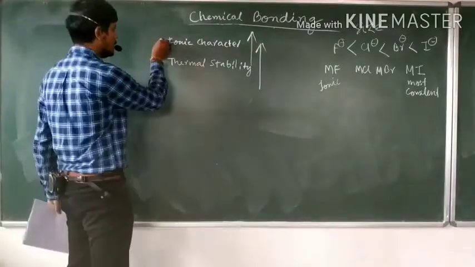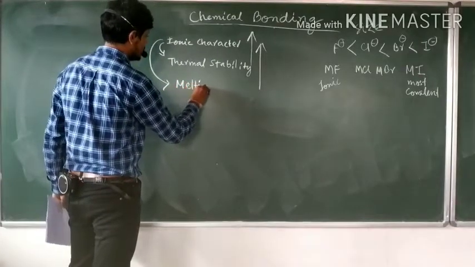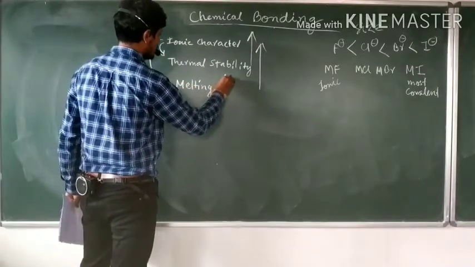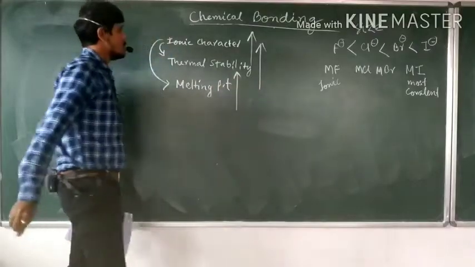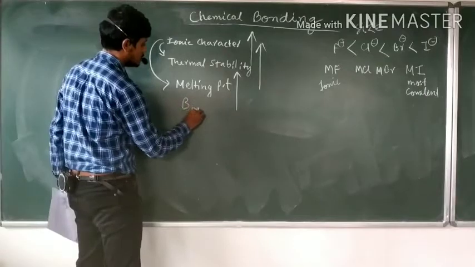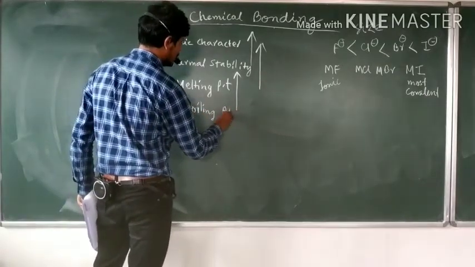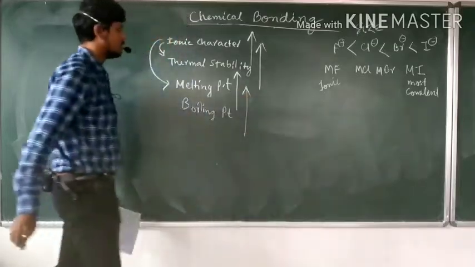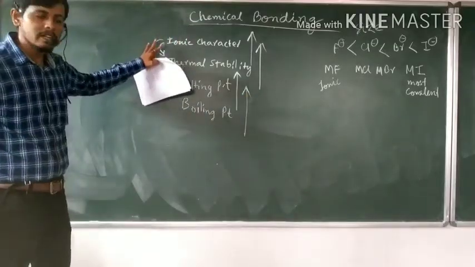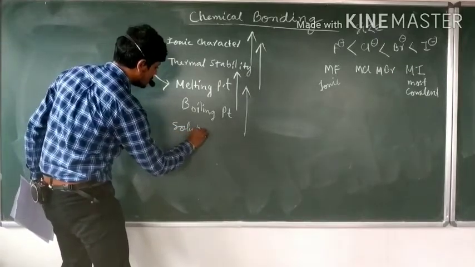When ionic character increases, melting point increases. When ionic character increases, boiling point also increases. When ionic character increases, solubility in polar solvents increases.